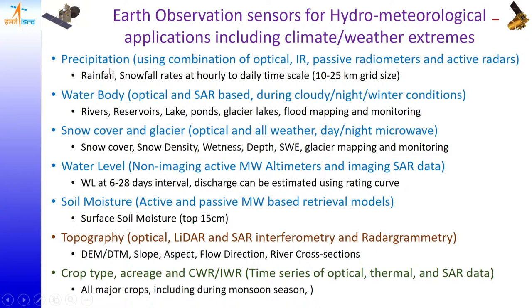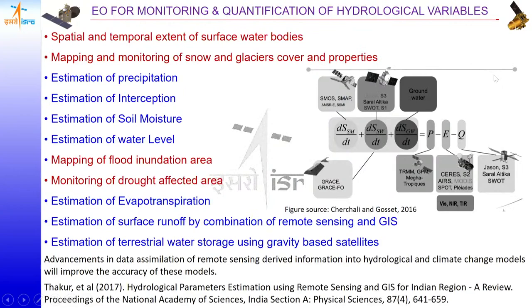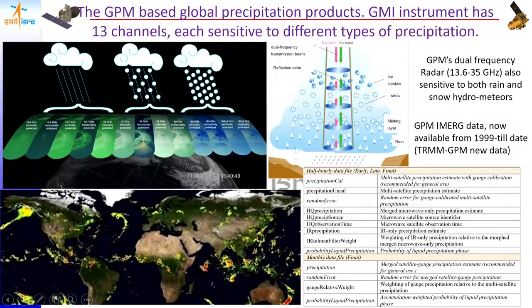So if you want to estimate the precipitation from space, you have to make use of both optical IR passive radiometers and active radars. And the Global Precipitation Mission, for example, is the best example, where before that we had the Tropical Rainfall Measuring Mission. From 1999 till date, this algorithm has been improved upon, and it has a combination of a precipitation radar, which will see through the clouds and give you the vertical structure of the clouds.